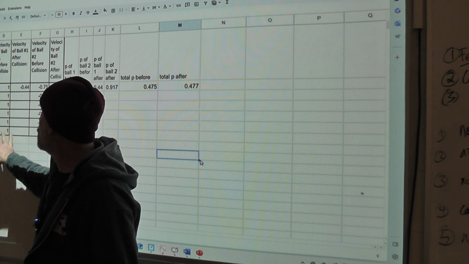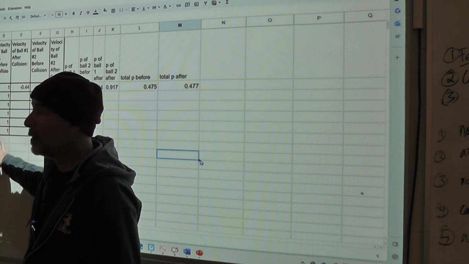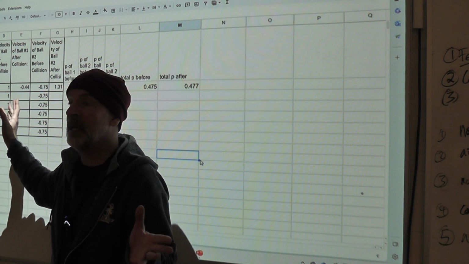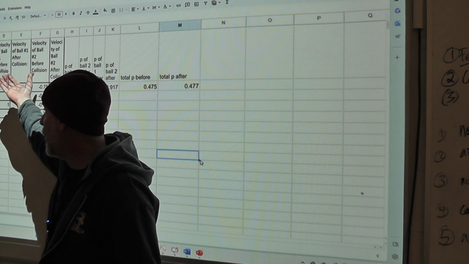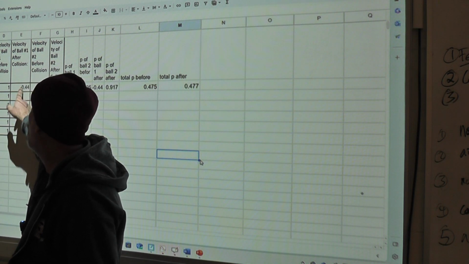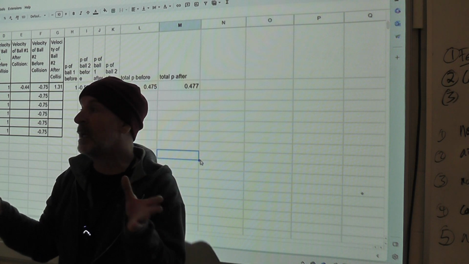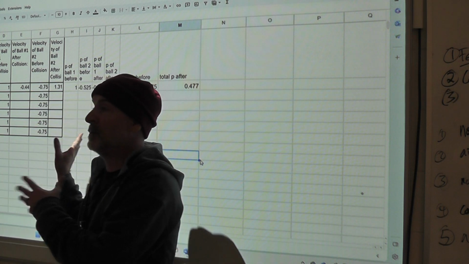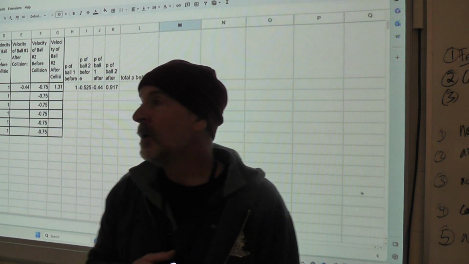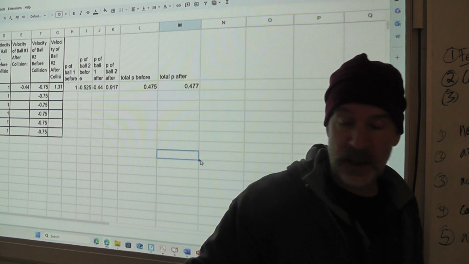If you're not sure if yours is correct, then you can wait. I'll show you the correct data, so in 2 or 3 minutes, you'll have correct numbers for all the masses, all the velocities, and if you weren't able to get the data, you can use mine to do the calculations, all right? Okay, if you have any questions, let me know. Otherwise, you can go ahead and get started on this.